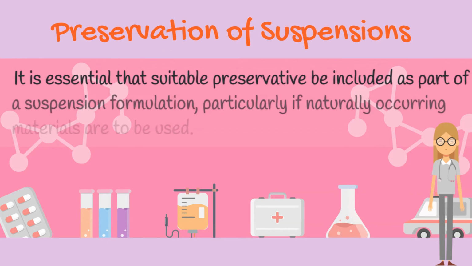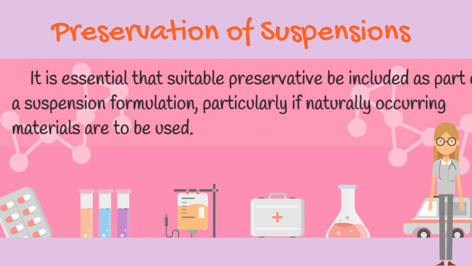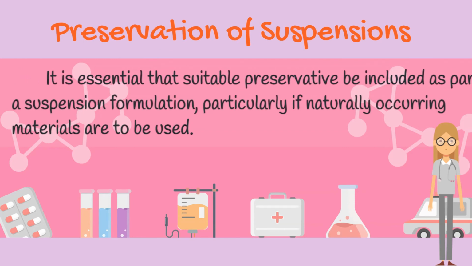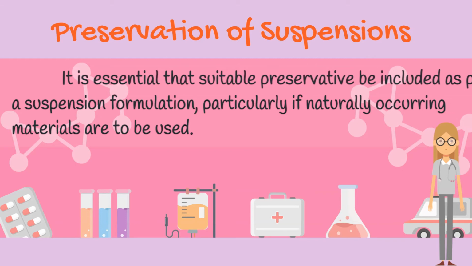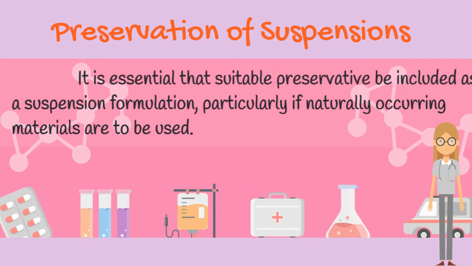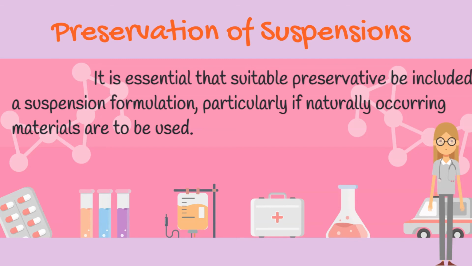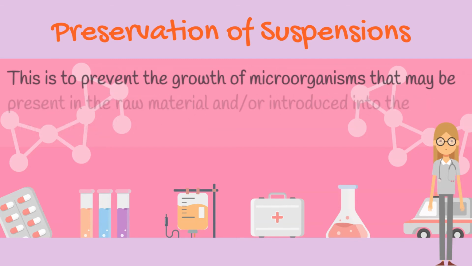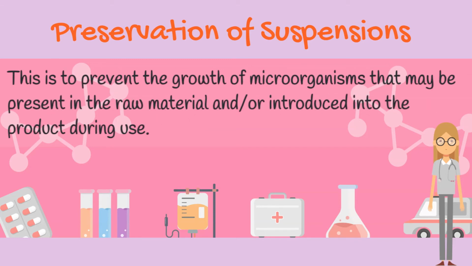It is essential that a suitable preservative be included as part of a suspension formulation, particularly if naturally occurring materials are to be used. This is to prevent the growth of microorganisms that may be present in the raw material and/or introduced into the product during use.